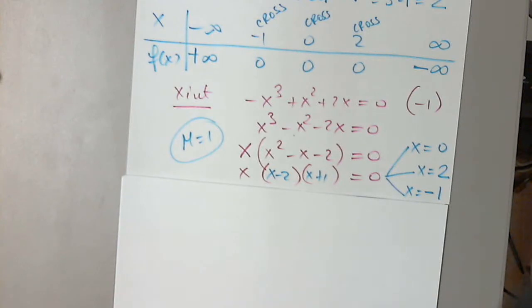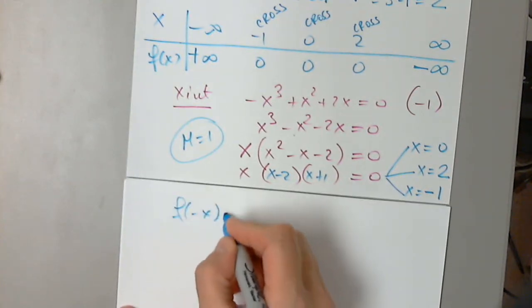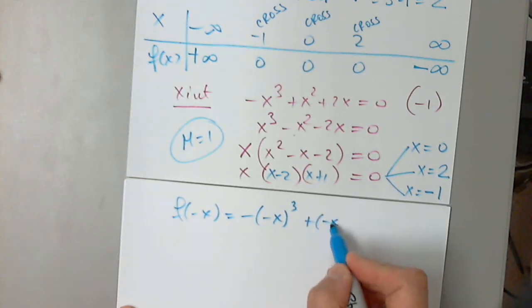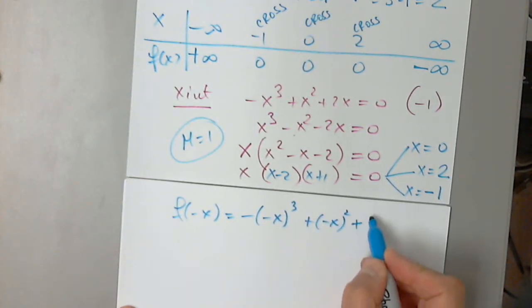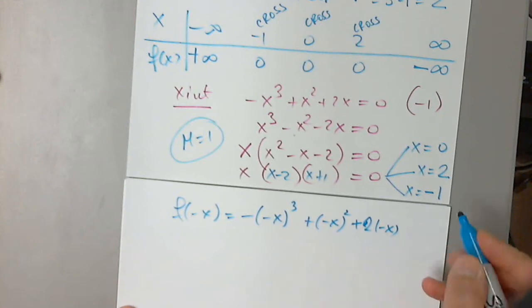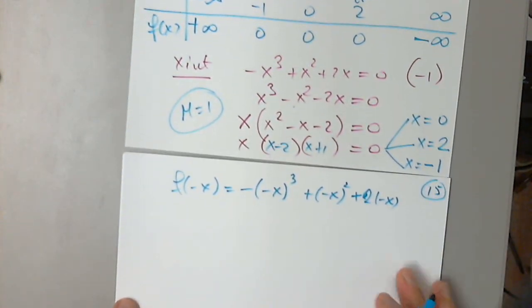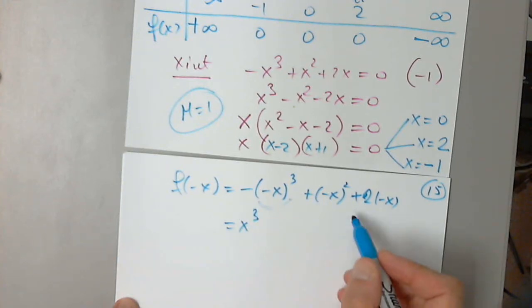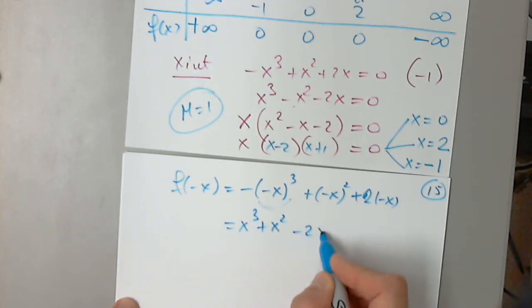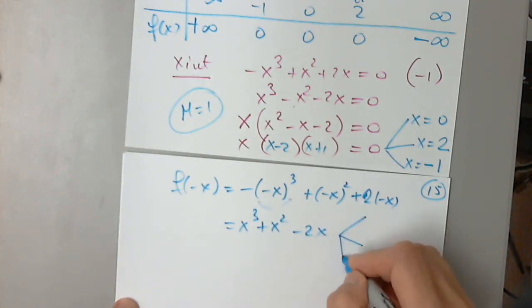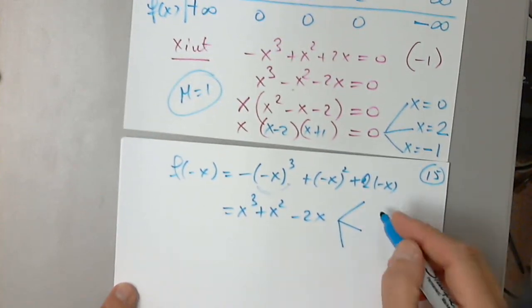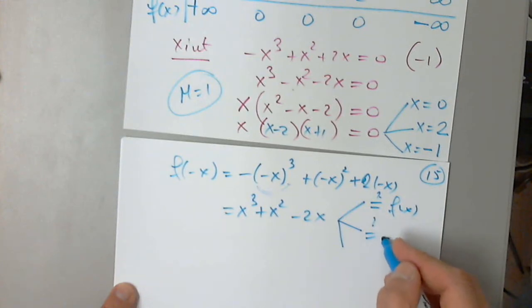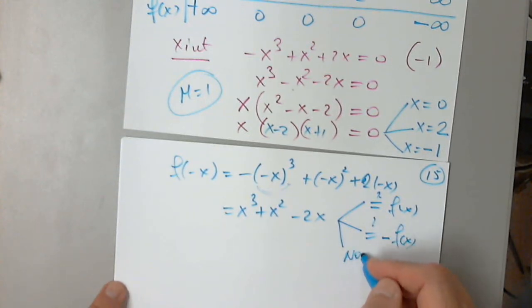Good. So let's look at symmetry. Final step here. So this is negative x to the third plus negative x squared plus 2 times negative x. We've done this before. This is negative x cubed with minus in front is x cubed. This is x squared, and this is negative 2x. Remember, we are asking ourselves 3 questions. Does this equal f of x? Does this equal the opposite of f of x, or none of the above?